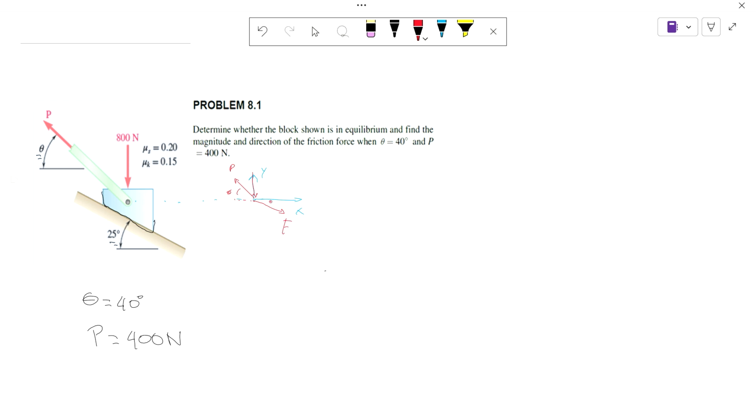Friction force, and this is 25. Also, we're going to have a component of perpendicular force because of the ground.